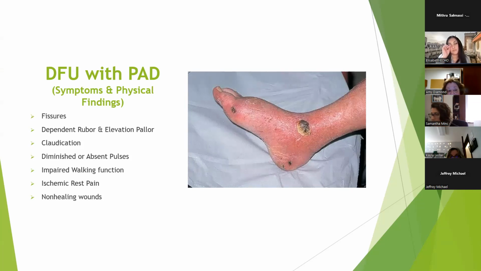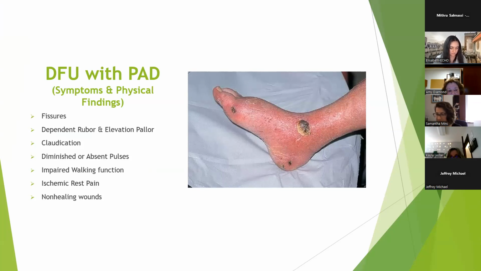Typically, the classic signs are dependent rubor. So when this patient's leg is down, it tends to be red to purple. You elevate it, and it becomes pale, often associated with pain with elevation. Claudication, that's pain with ambulation. A lot of these PAD patients have some degree of claudication, and knowing what's severe, that's also kind of what you can use the hotline for.